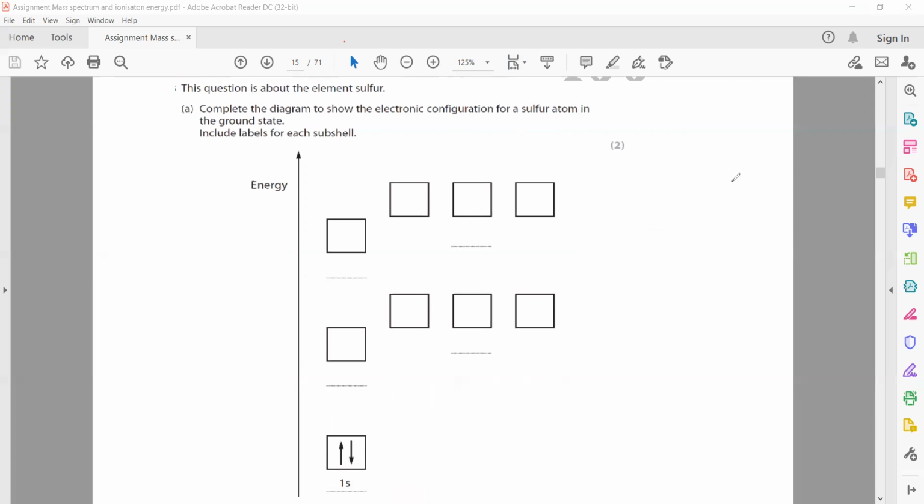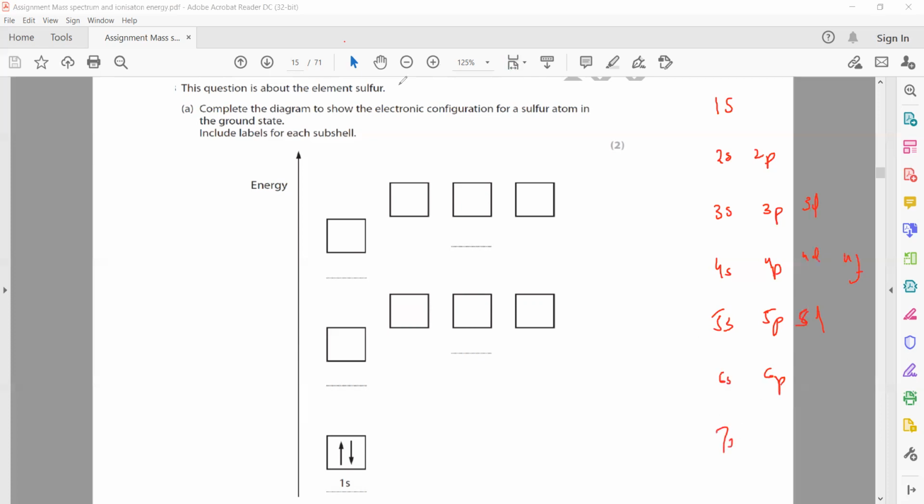So remember this table when you're completing electronic configuration. That is 1s, 2s, 2p, 3s, 3p, 3d, 4s, 4p, 4d, 4f, 5s, 5p, 5d, 6s, 6p, and then 7s.